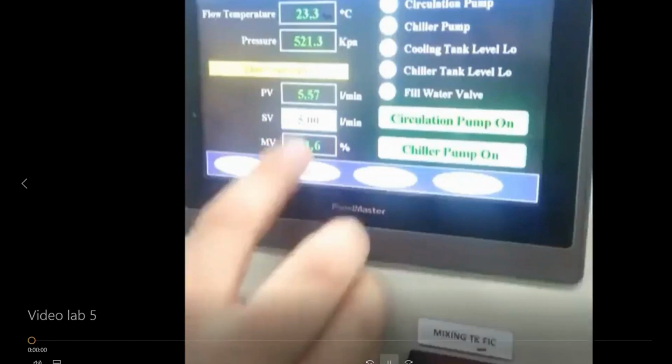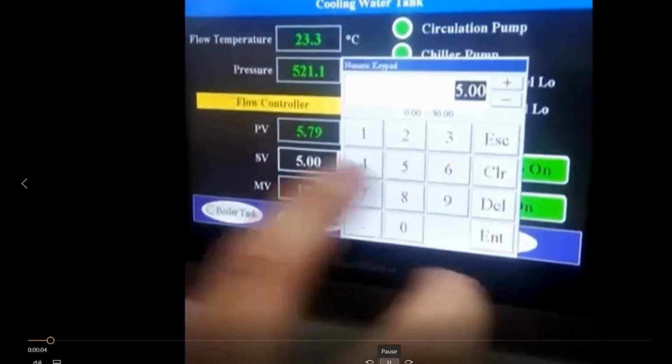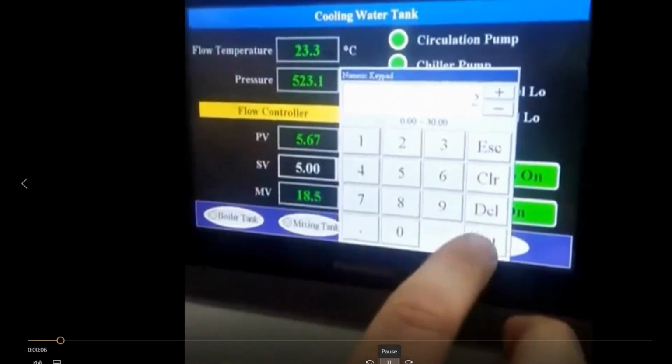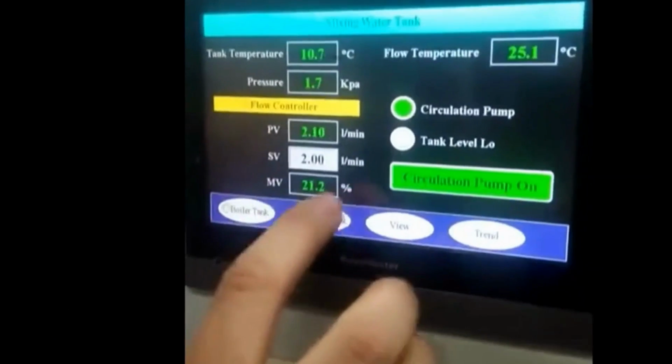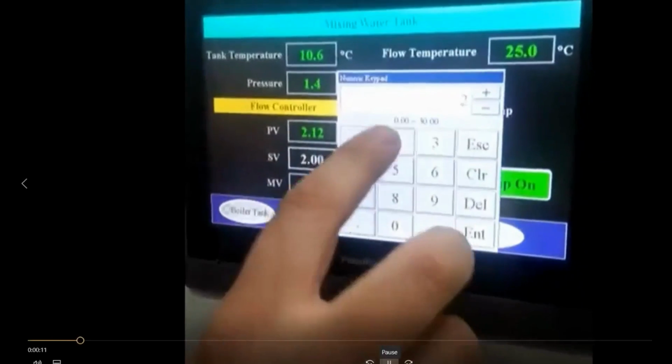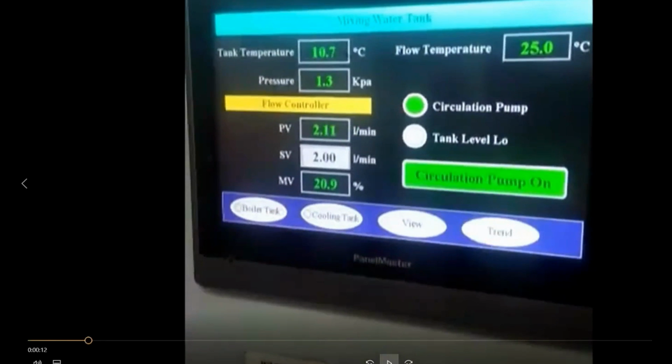First, you need to set the flow rate at the cooling water tank to 2 liter per minute. The mixing tank also needs the same value, 2 liter per minute.